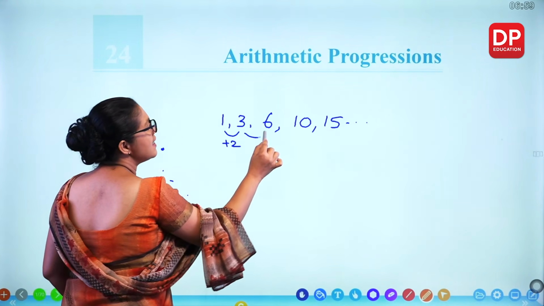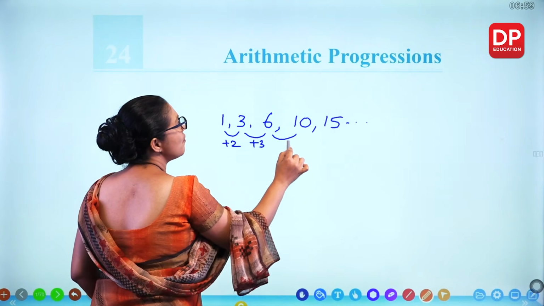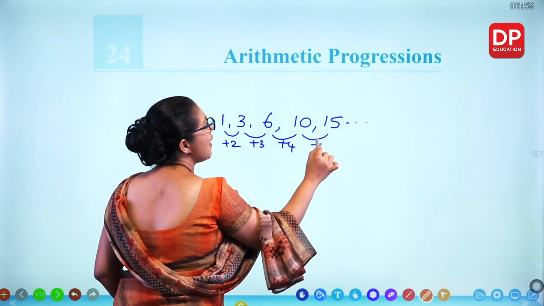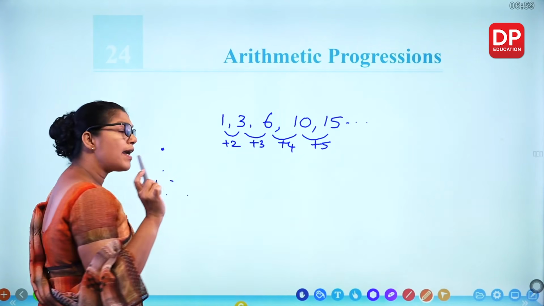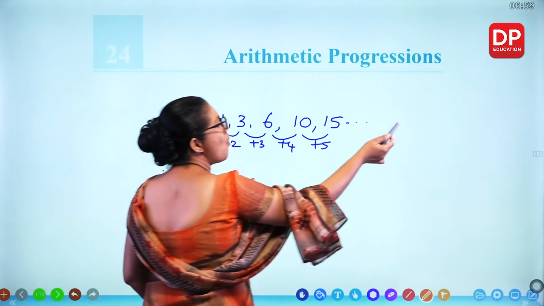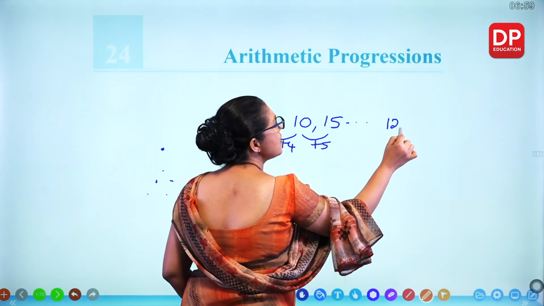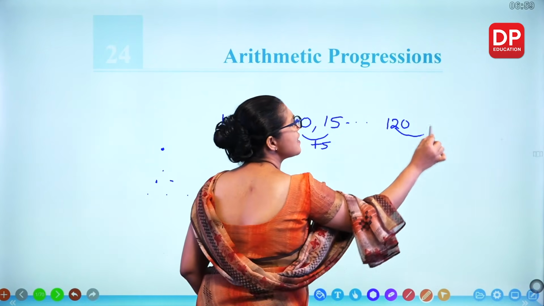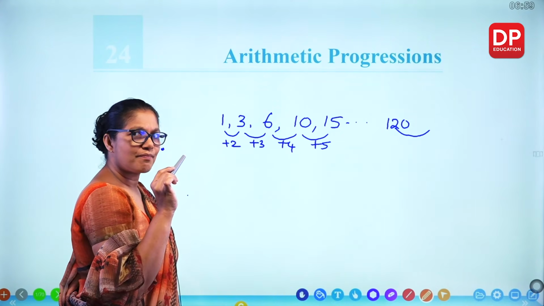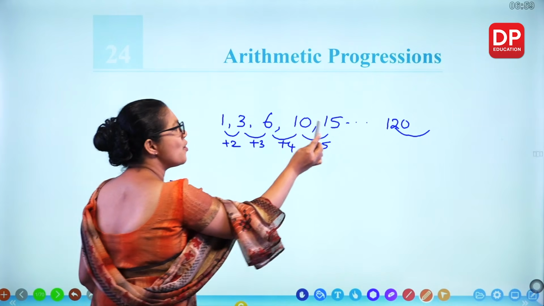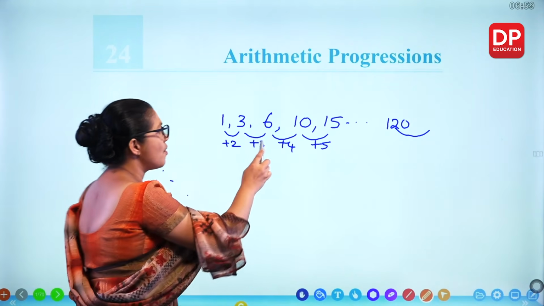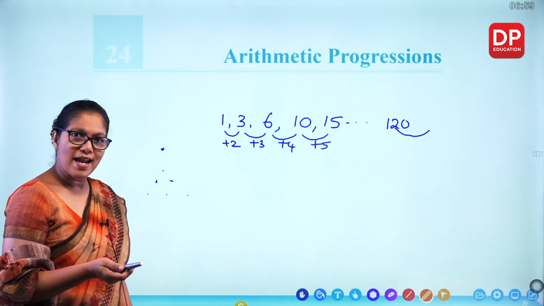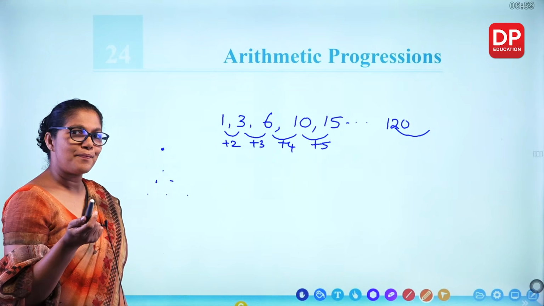Adding 2, adding 3, adding 4, adding 5 like that. If I give you any term, say 120, can you find out the next term here? It's difficult because we don't know the amount we have to add to get the next term.